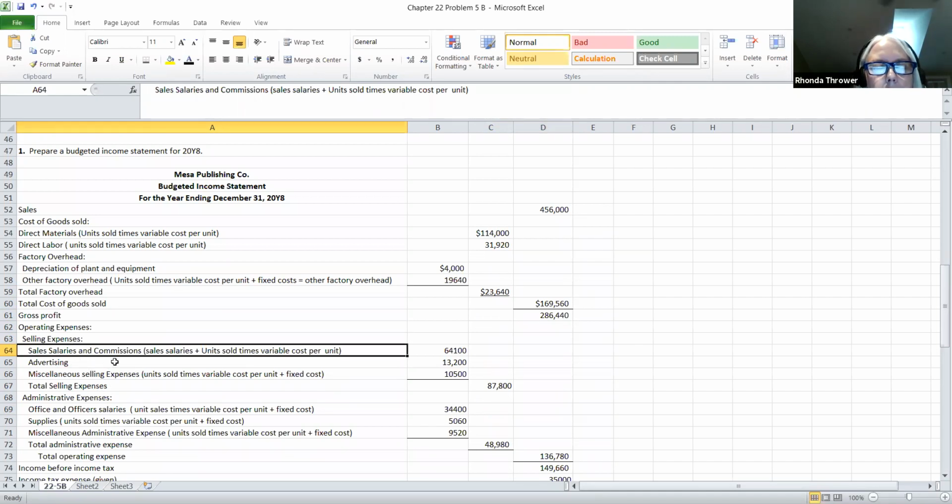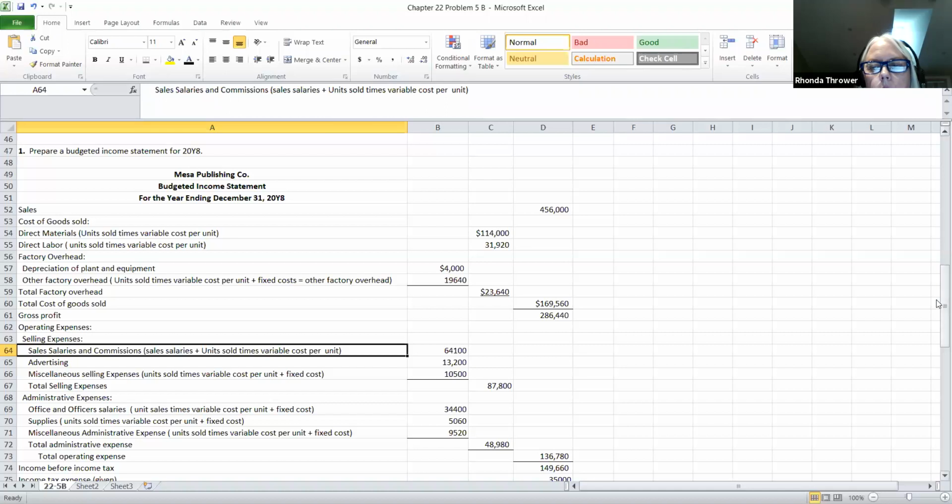And this is a mixed cost, so it's got part variable and fixed cost in it. You got to figure out what the total cost is. And to do that, we're going to take the sales salaries, which is the fixed cost. We're going to add it to the variable cost, which would be calculated as the units sold times the variable cost per unit for the sales commissions in this case.